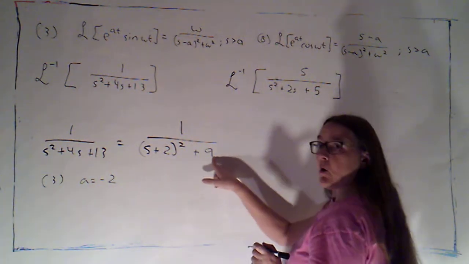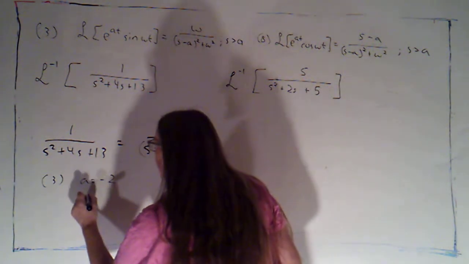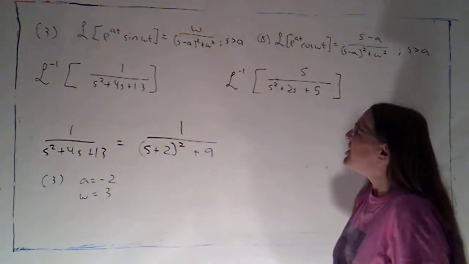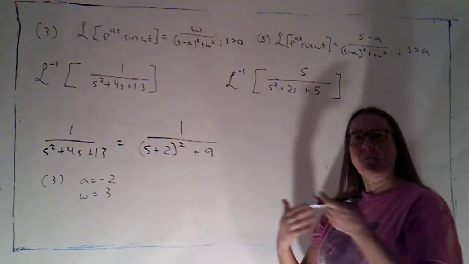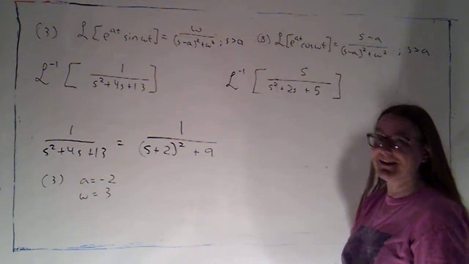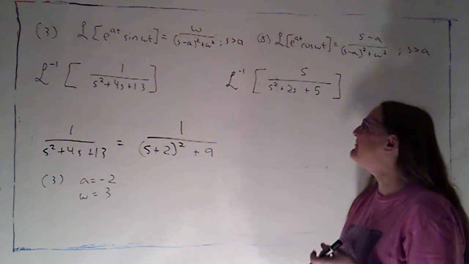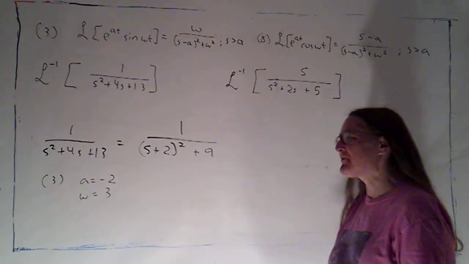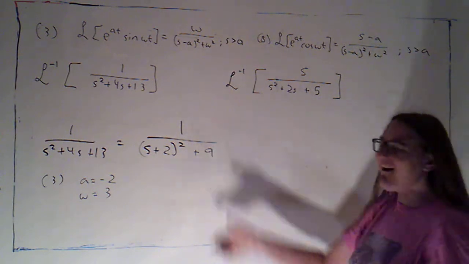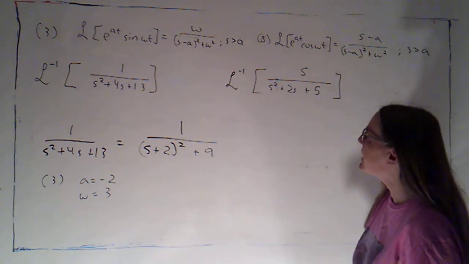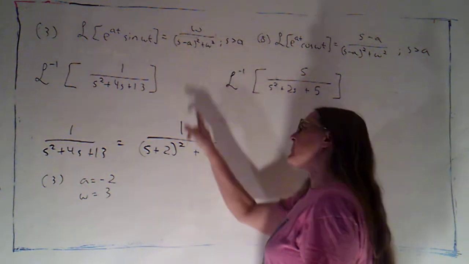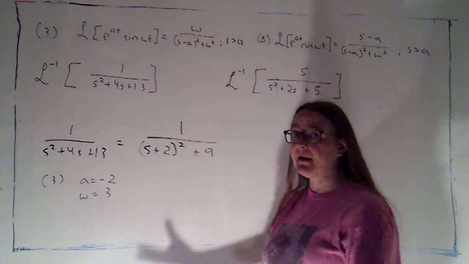This has to be omega squared, so my omega would be 3. Usually we choose omega to be a positive number because we can, and that's simpler. If I wanted to make it negative 3, I could, but I just need a number that squares to give me 9, and 3 is going to be simpler. So if I take a look, I want to have a 3 on top. I don't have a 3 on top. I have a 1 on top.